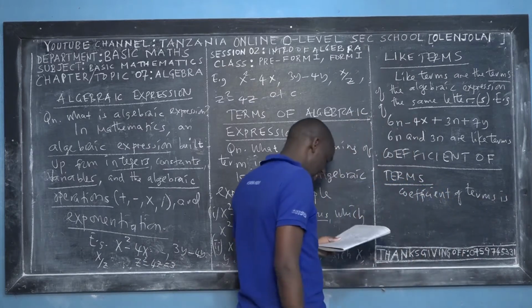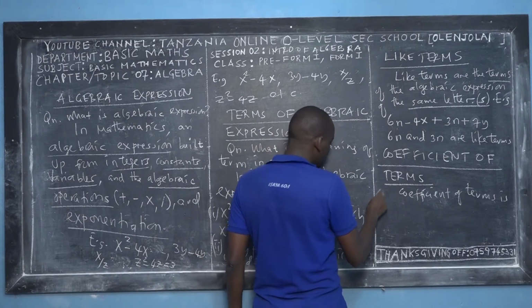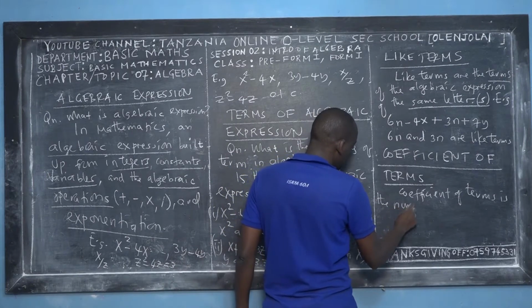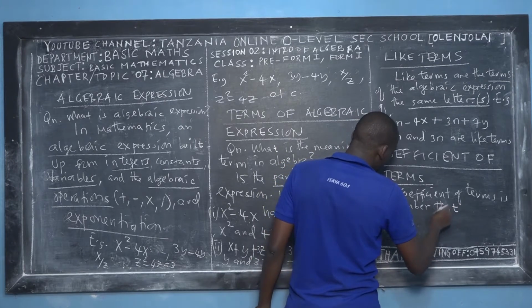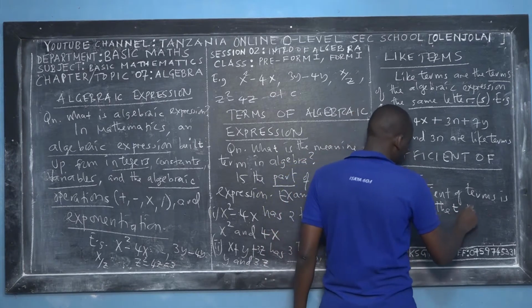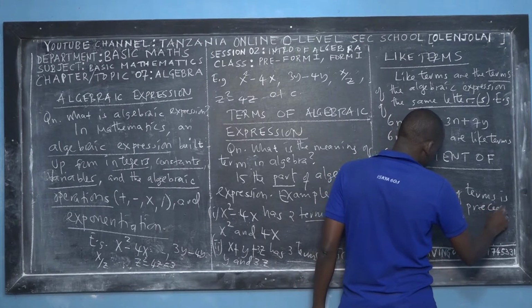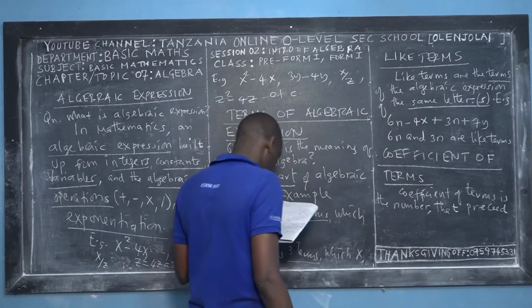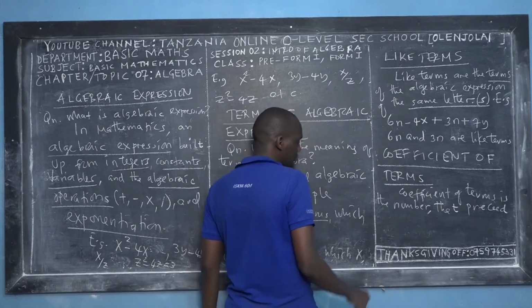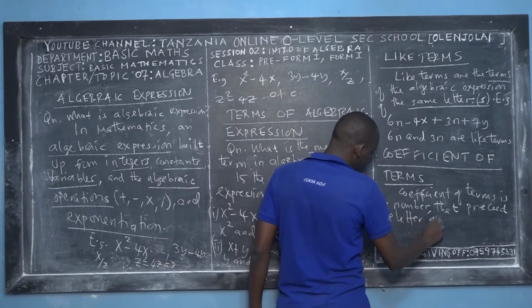We say that the coefficient of a term is the number that precedes the letter of each term.